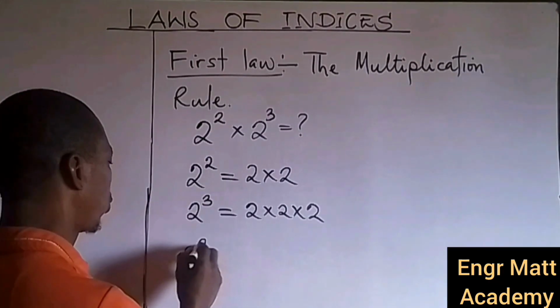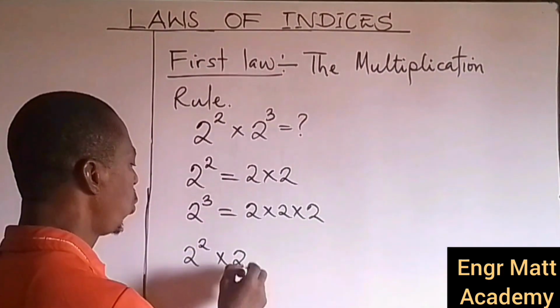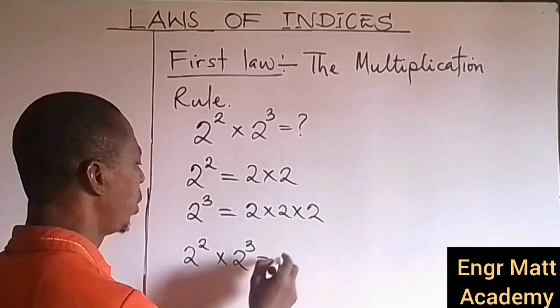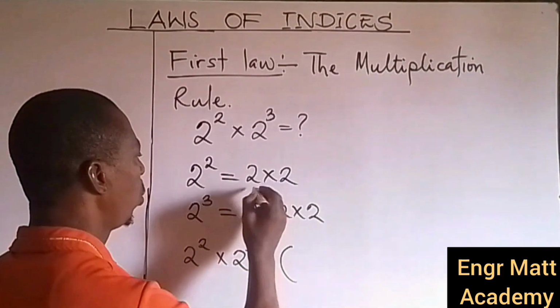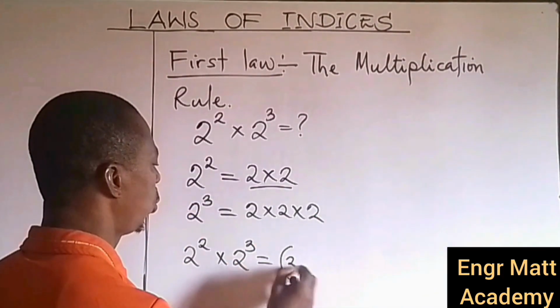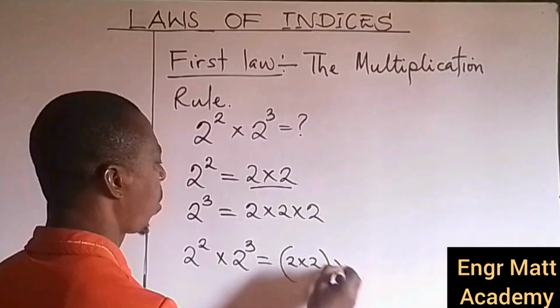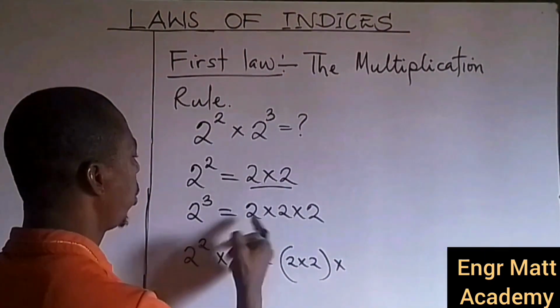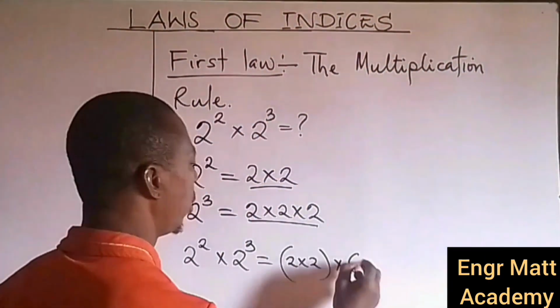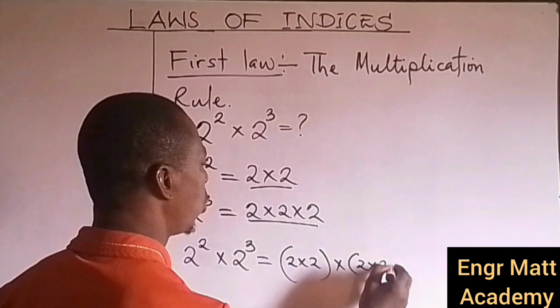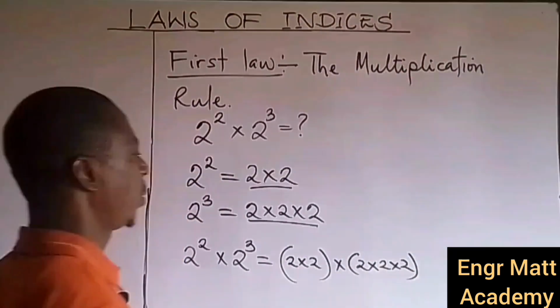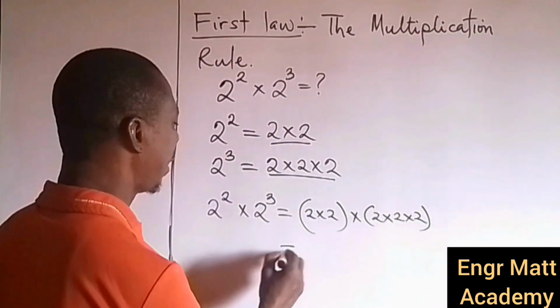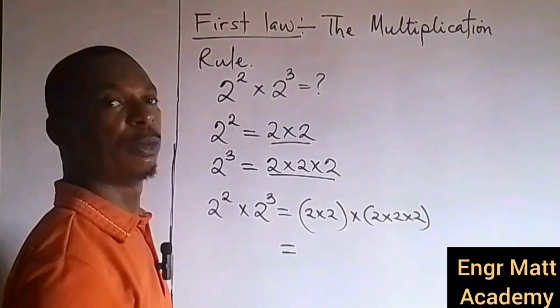2 raised to the power 2 times 2 raised to the power of 3. This will be 2 raised to the power 2, 2 times 2, times 2 raised to the power 3, 2 times 2 times 2. So what do we have? We clear the brackets, or we remove the brackets.